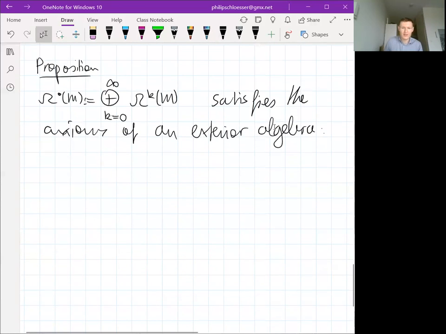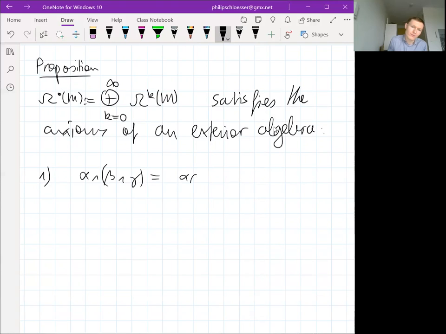And what are these axioms? Well, firstly, our wedge product is associative. Secondly, our wedge product is not really alternating or anti-symmetric, but you could call it supersymmetric.